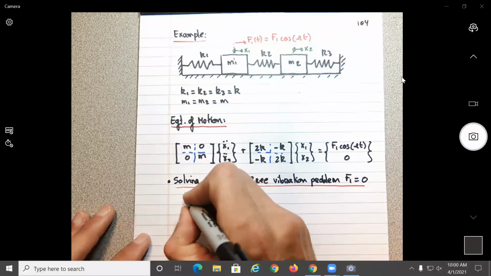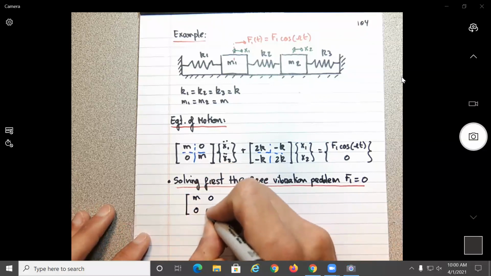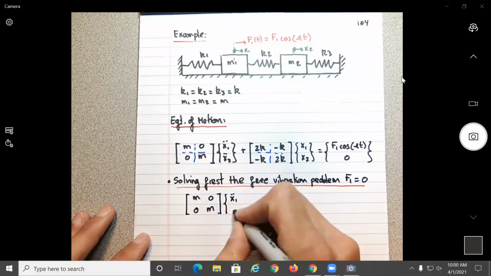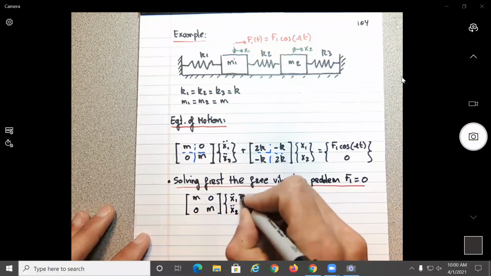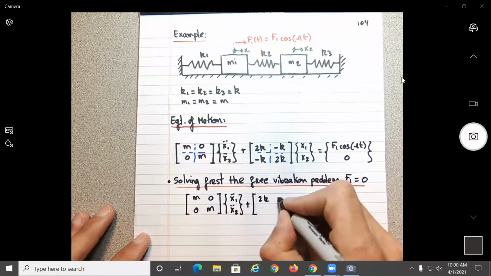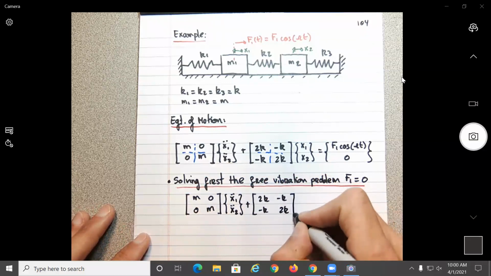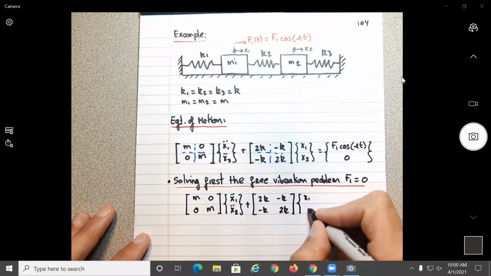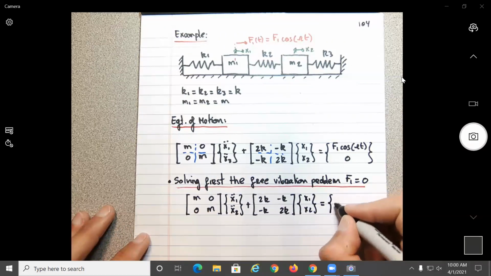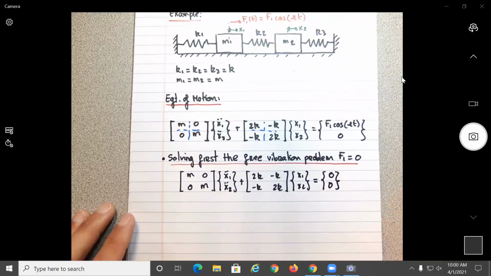So I want to start going a bit faster. We need to solve the problem M 0, 0 M times x double dot 1, x double dot 2, plus 2k, minus k, minus k, 2k times x1, x2, equal to 0.